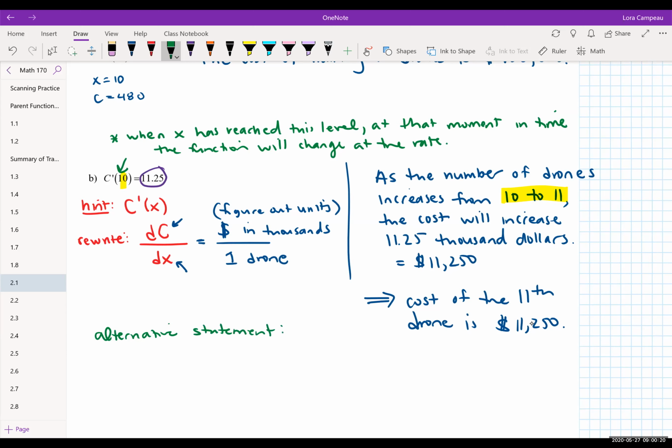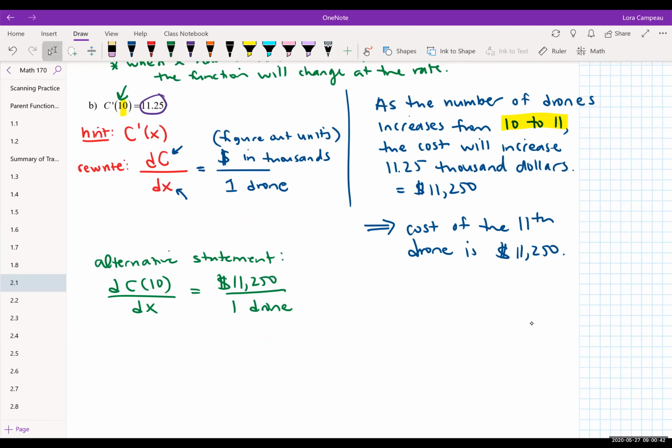Another way to think about this, and let's write this out again, the derivative. In little derivative notation, we ended up getting 11,250 for one drone.